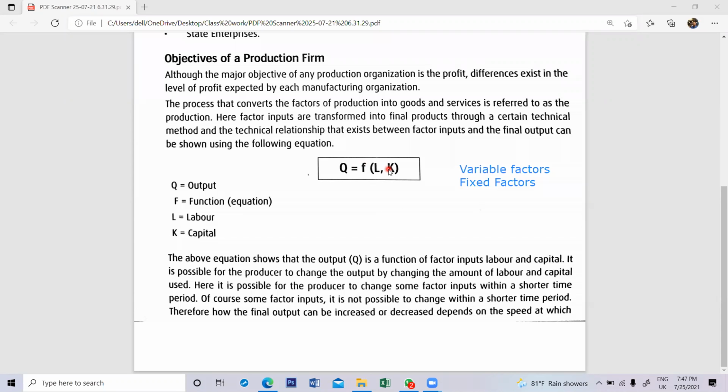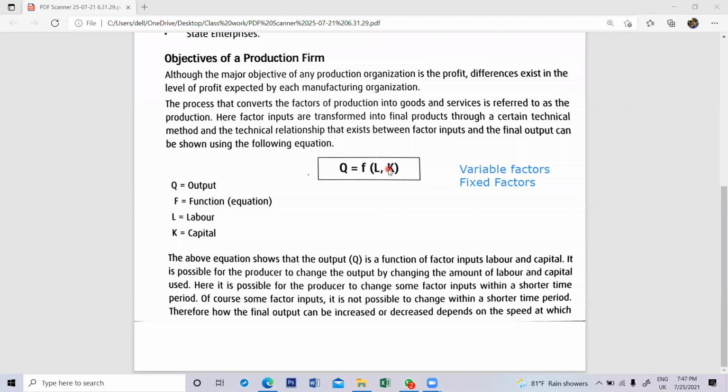So what does this equation imply? Quantity, or the output of a firm, depends upon labor and capital. If there is more labor, more capital, of course the left side of the equation would be high. In other words, quantity is high.